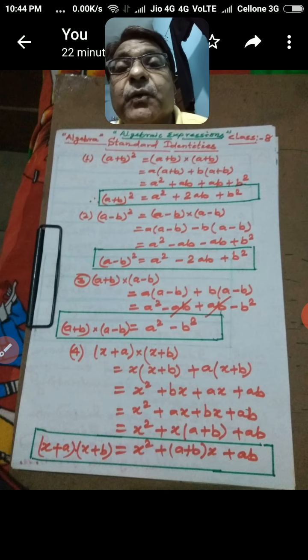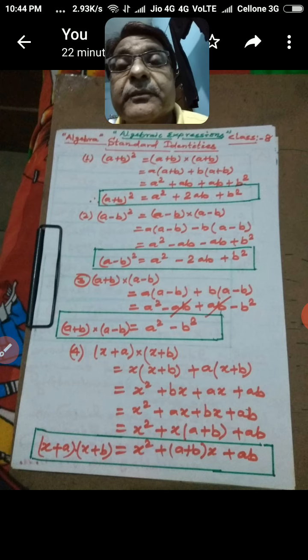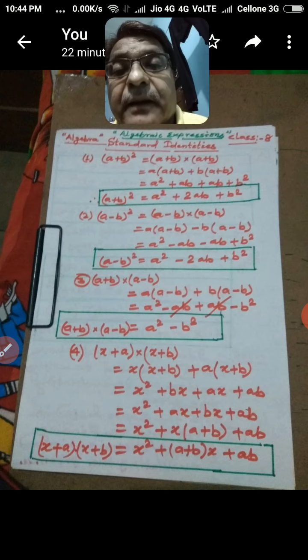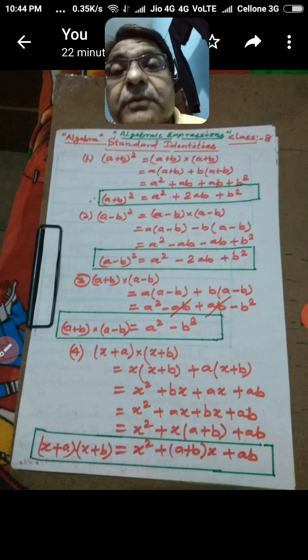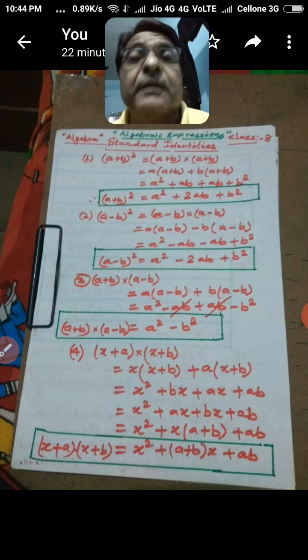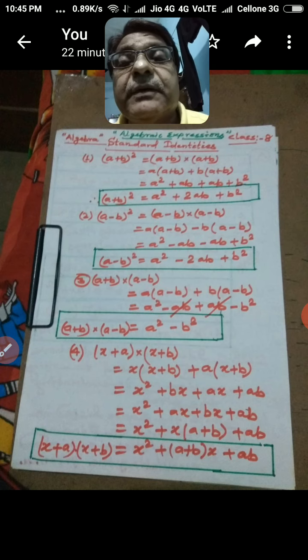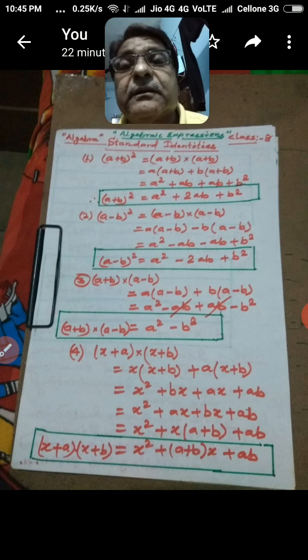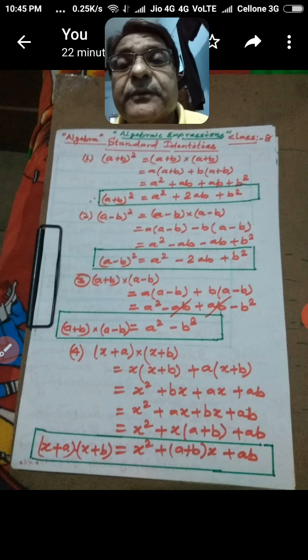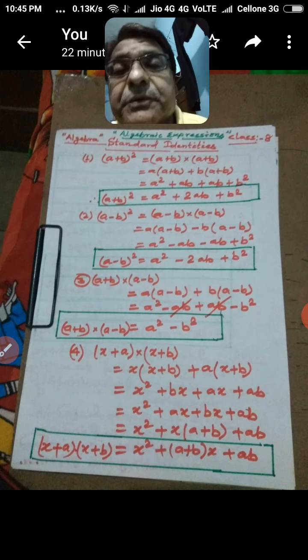Although sometimes only a variable itself behaves like an algebraic term. For example, if I say only x, does it mean there is no constant? No, this is not correct, because x, no doubt, is used in the form of a variable, but the same may be used in the form of an algebraic term also, as there is a constant with x which is 1, and since 1x simply means x, we don't write 1.